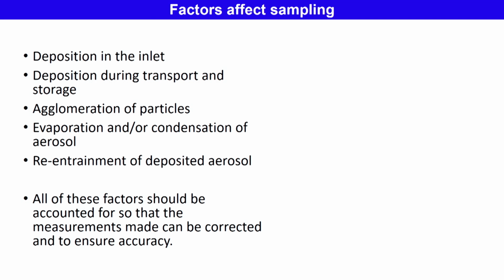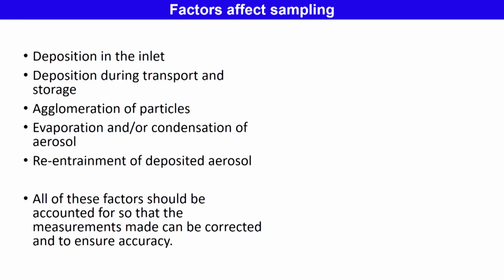When you are continuously sampling, particles will be deposited on the inlet itself. So the diameter of the inlet can change, and the characteristics of the flow can also change. This can happen during deposition, transport or storage, and agglomeration of the particles can happen because of that.